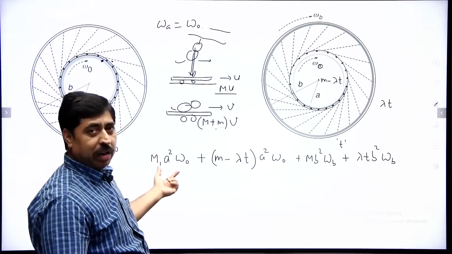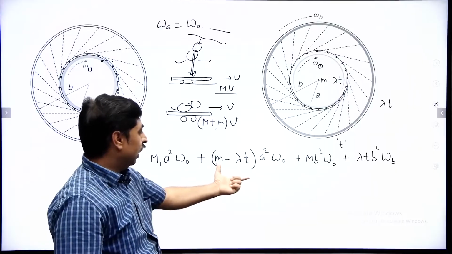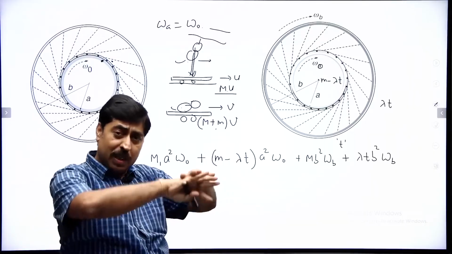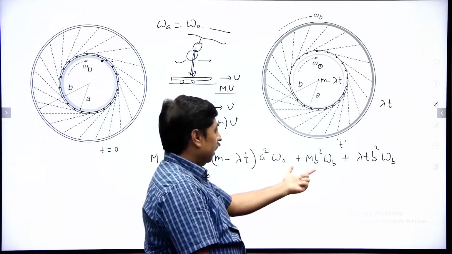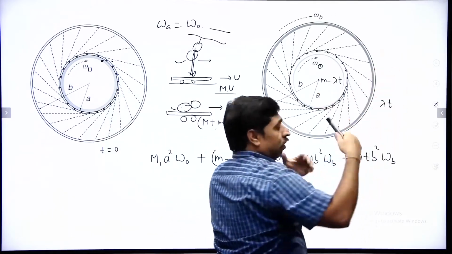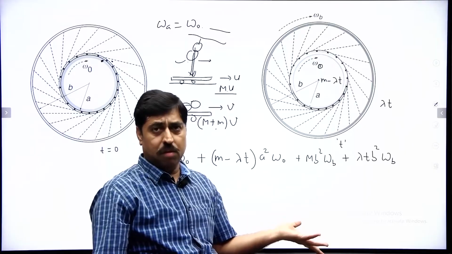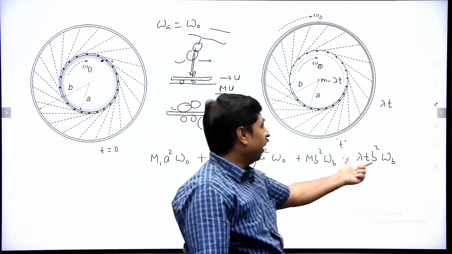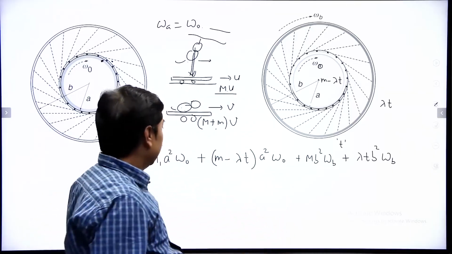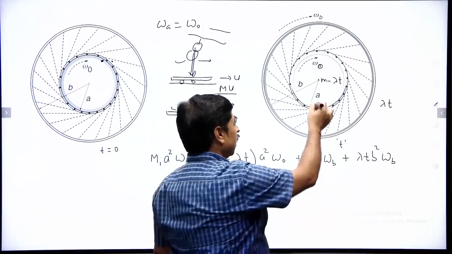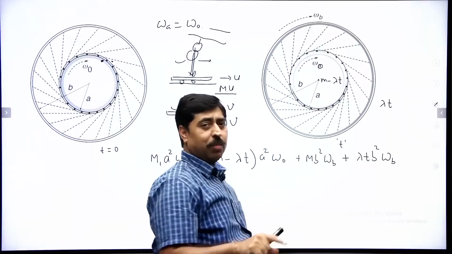So this is the angular momentum for the drum only. This is the angular momentum for the sand particles which are still sticking to the inner drum. This is the angular momentum of the outer drum, and this is the angular momentum of the sand particles sticking to the outer drum. So this is the whole angular momentum of this system about this axis at time t.